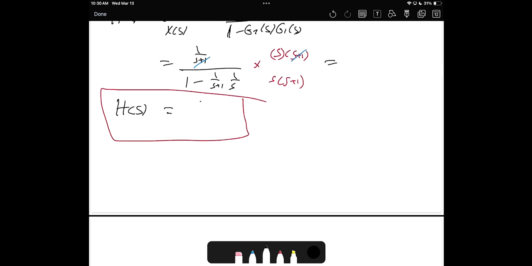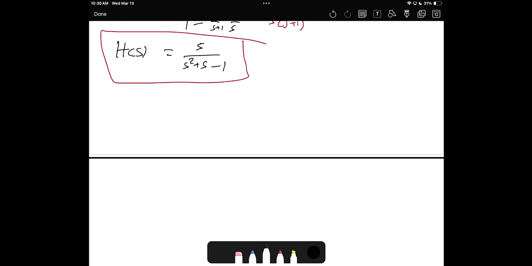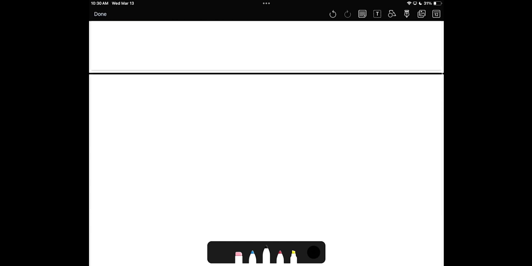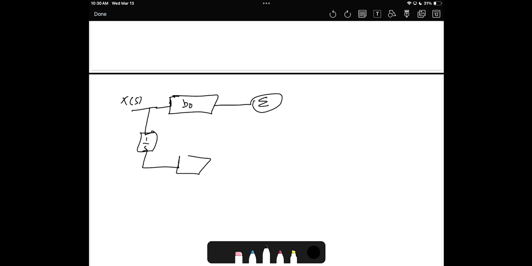Let's go more about the block diagrams. So some block diagrams. We have x of s like this. Then we have something we call b0. We have a summer. Then we have 1 over s, b1. So you plus.